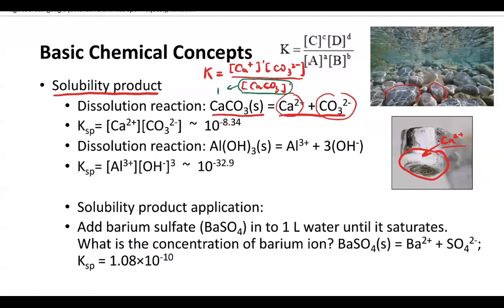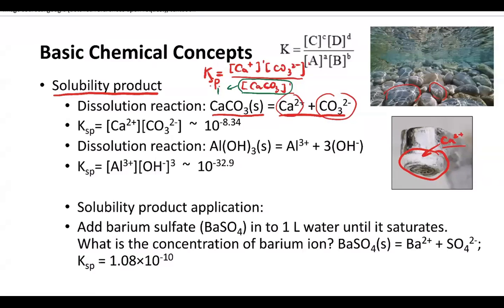So for the dissolution of the solid, the equilibrium constant is just a product of the products coming out of this reaction. More specifically, we're going to add a subscript SP here to show that it means solubility product, okay?